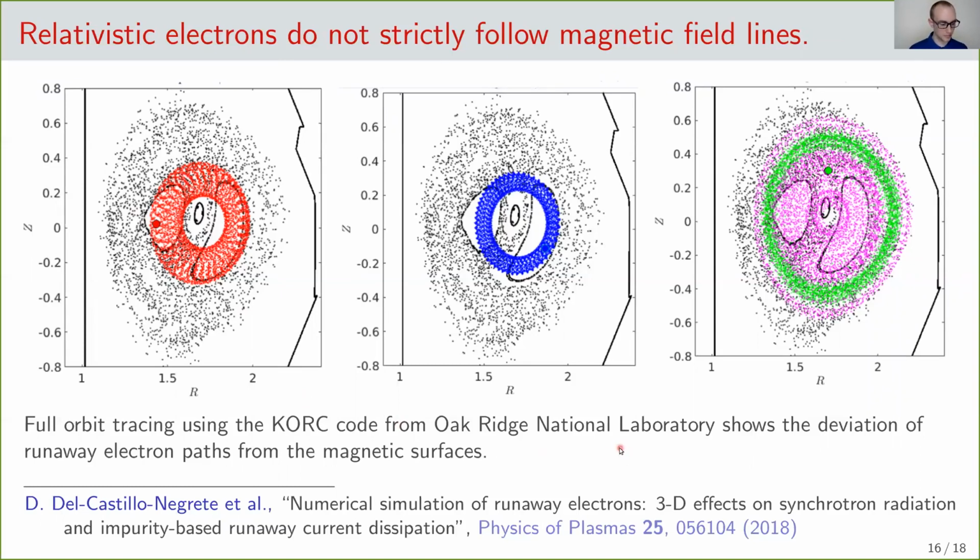This is particularly pronounced when there's a large perpendicular velocity to the magnetic field lines, and this is illustrated here in these calculations from this paper using the CORE code, where we see the paths of runaway electrons in some other discharge from different modeling, and you can see how the paths wander across many field regions.